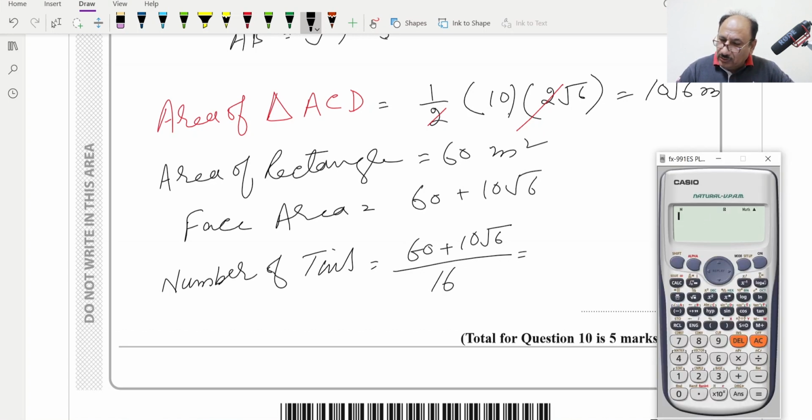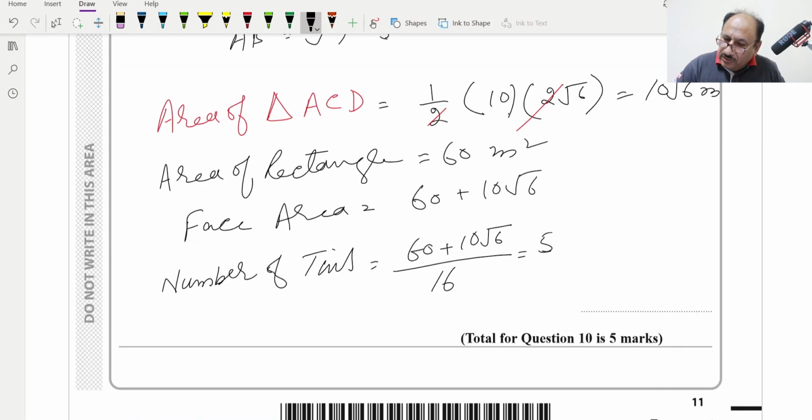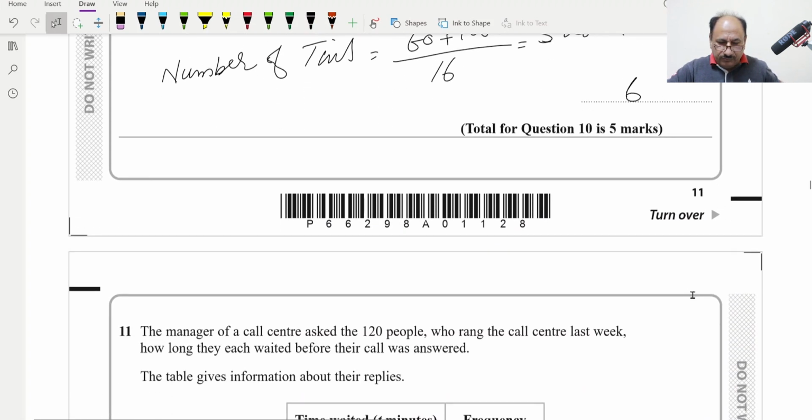So this will be equal to 60 plus 10 root 6 divided by 16, and this is equal to 5.28. But we cannot buy 5.28 tins. We have to provide the number of tins, a whole number. We can buy 6 because 5 will be insufficient, so we'll be buying 6.